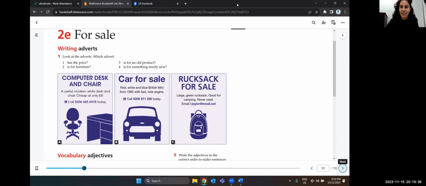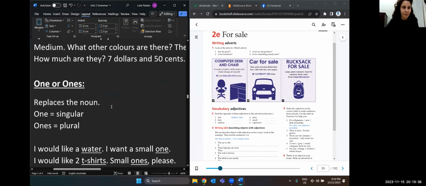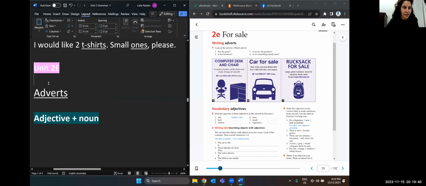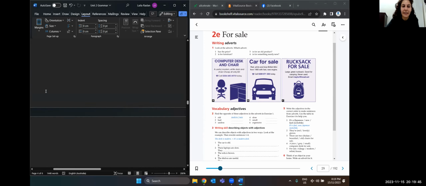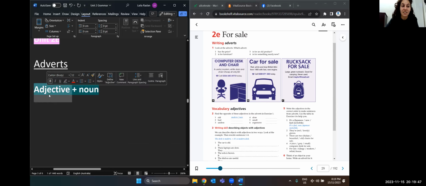Okay, so when we talk about something, we have the adjective that goes before the noun. So say you have the car, you can talk about what it's like before you say the word car. So it's an old BMW, 1965, blue car.